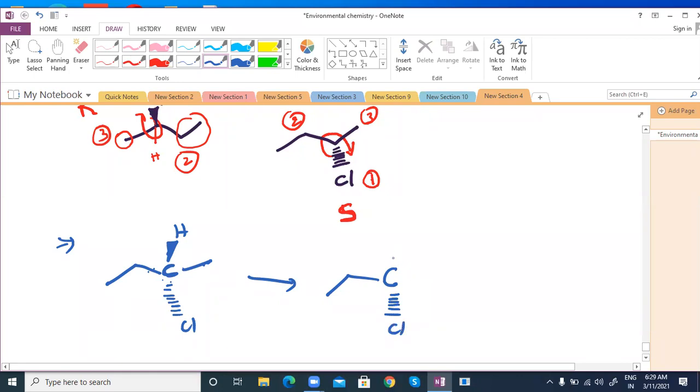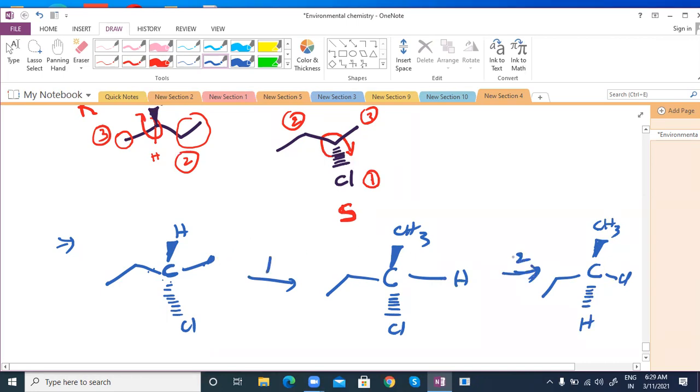So methyl will go here. This is methyl, sir, CH3, only one carbon means methyl, and hydrogen will come, and I am exchanging Cl and hydrogen. Now how many exchanges, sir? 1, this is 2 exchanges.